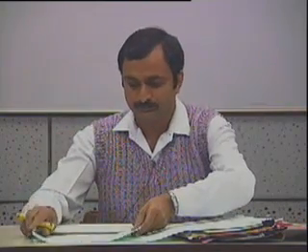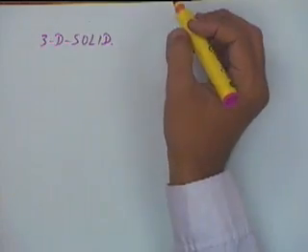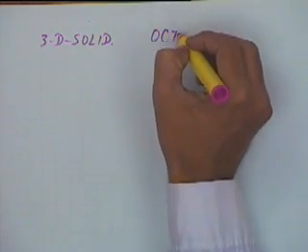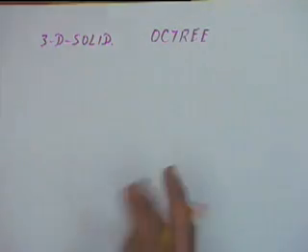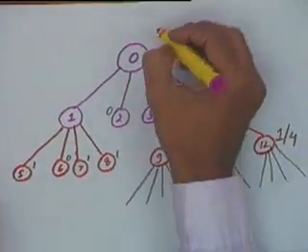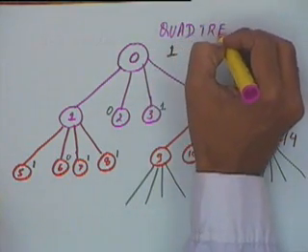Okay. Now, if we want to model a three-dimensional solid, so far we are talking about modeling of two-dimensional areas. If we are talking about a 3D solid, then we extend the same thing into an octree. This tree was called a quad tree because every node had 4 children.